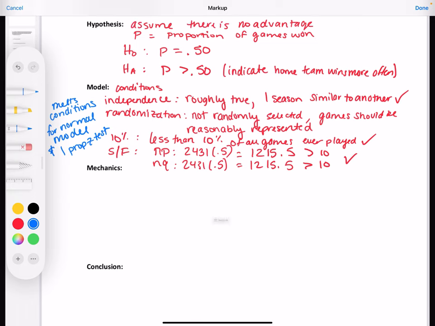So then the mechanics is where we actually do the math that goes with this. So the mean, or P0, is 0.5, which we get from the null hypothesis.